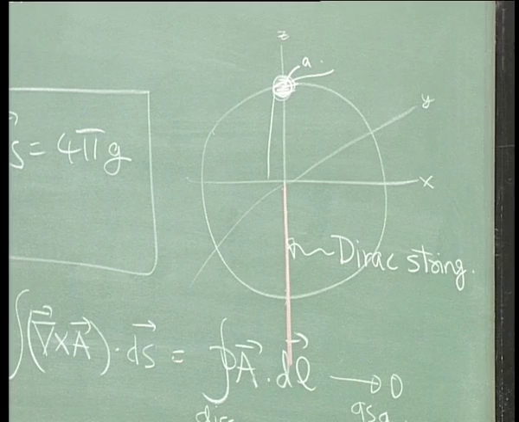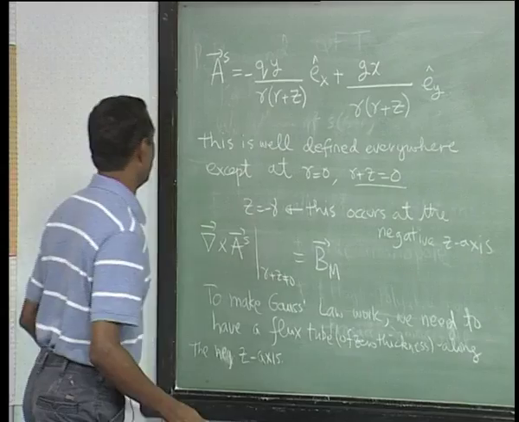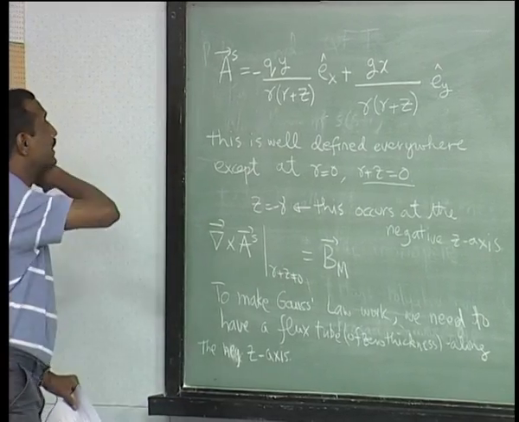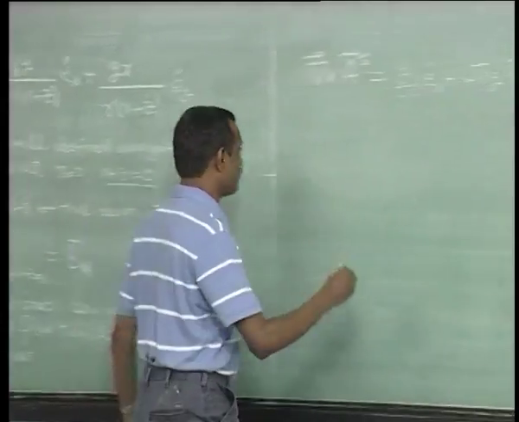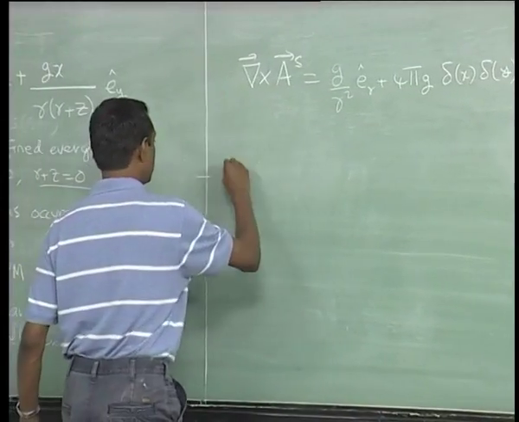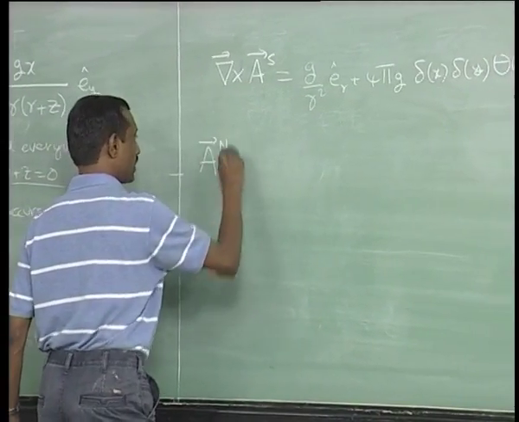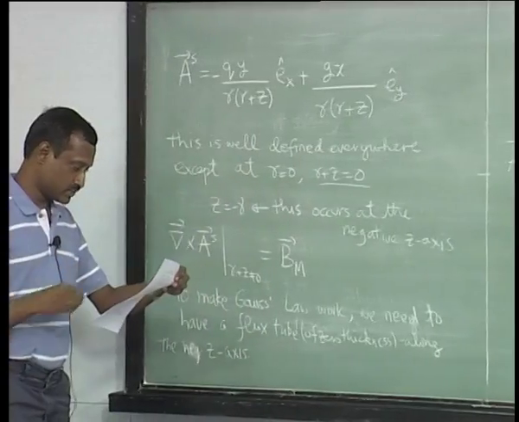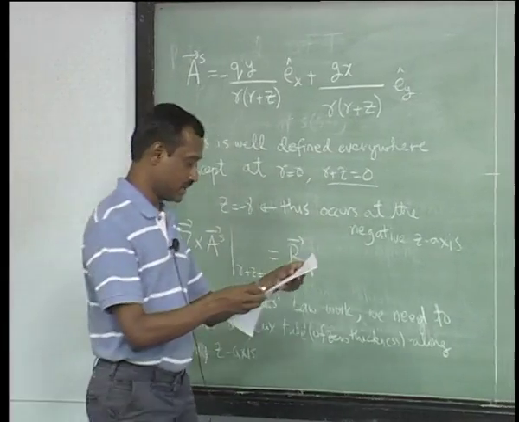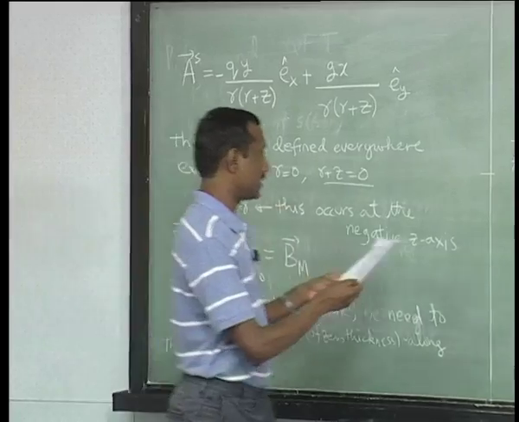But what you can do is something much better: you can look for other solutions. Let us look for something called A_N, which is more or less the same as this, except it corresponds to changing a few signs here and there.